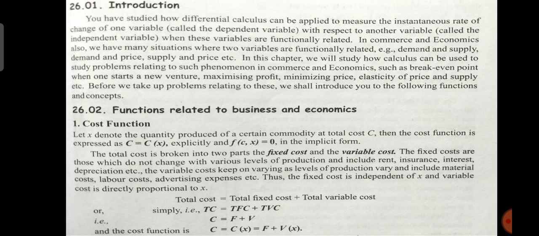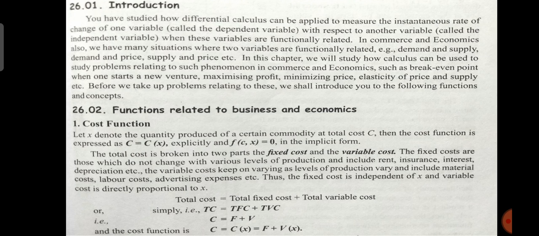Thus the fixed cost is independent of x, it does not change, but the variable cost changes. So the variable cost is directly proportional to x, and the fixed cost is independent of x. Total cost is total fixed cost plus total variable cost, that is C equals F plus V. F is fixed, V is variable.